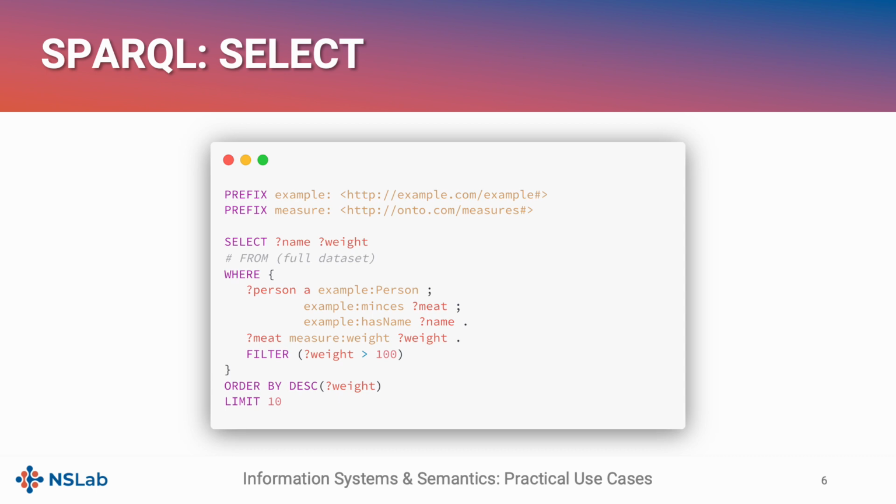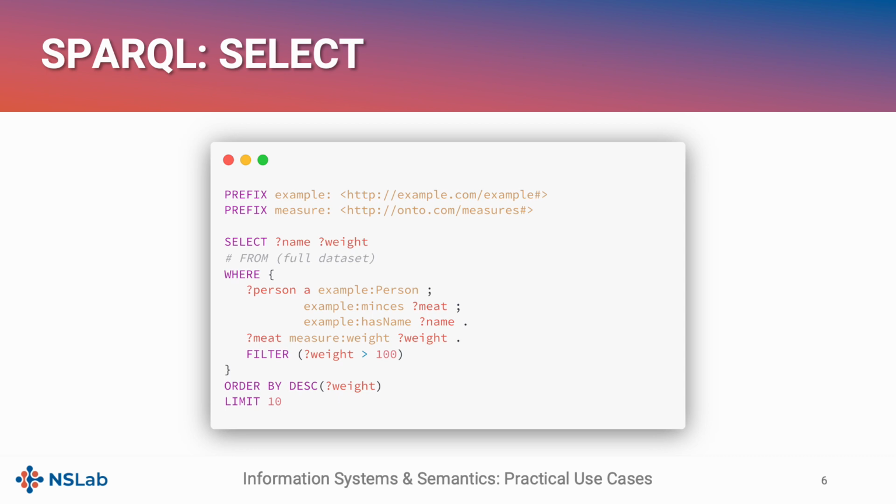So we are here looking for name and weight, and we specify what these variables are in the where part of the query. We are matching that we are looking for a person that minces some meat, and the person has some name, and the name is the bound variable to the select. And then we are checking also the weight of the meat.